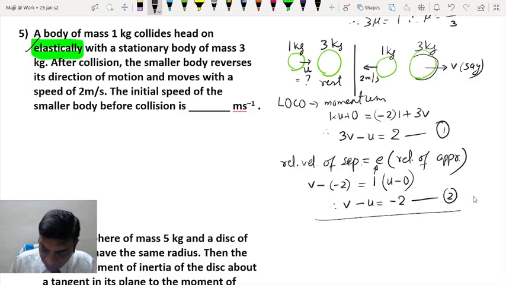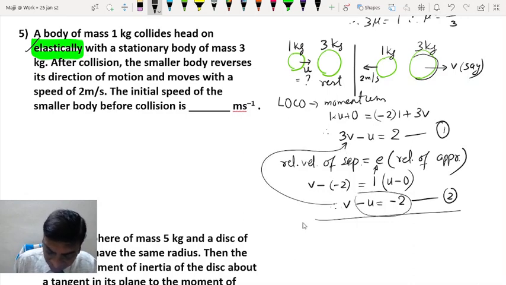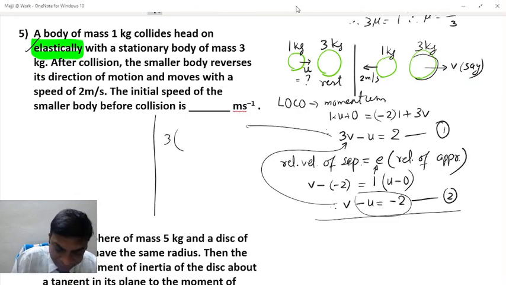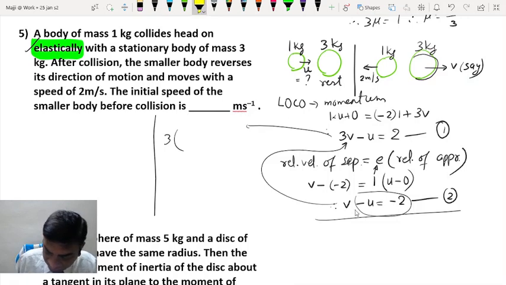We have to find u. So what we can do is substitute for v from here and solve it. So substituting, we have 3 times v. What is v here? v will be u minus 2.